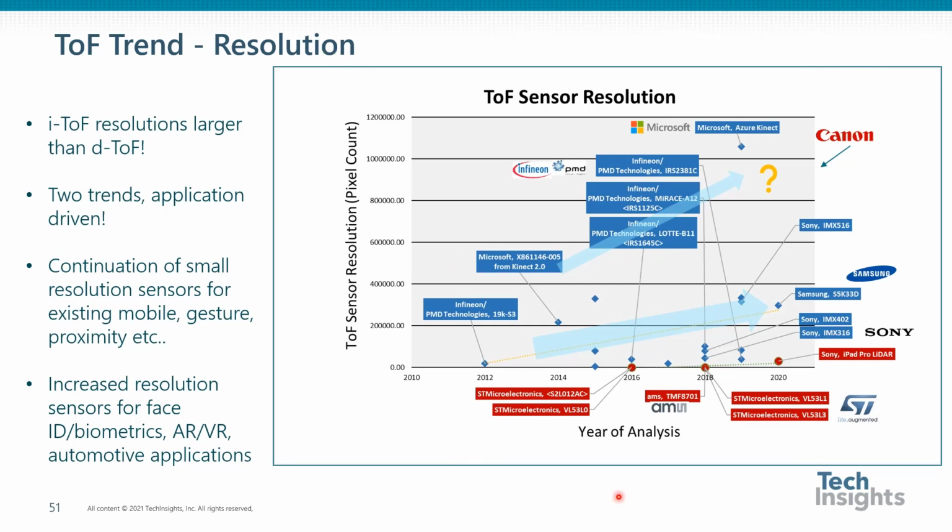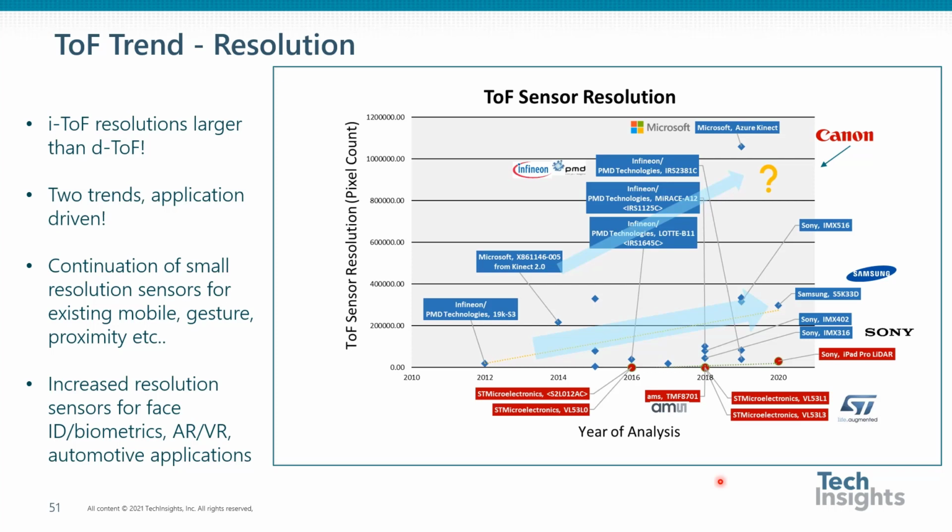For DTOF, on the other hand, these have typically been small SPAD arrays for proximity sensing by ST microelectronics and AMS. And so those will probably continue to be in the low resolution range, but we believe they themselves will also head towards slightly larger arrays.